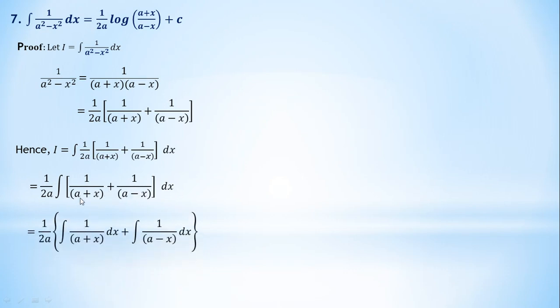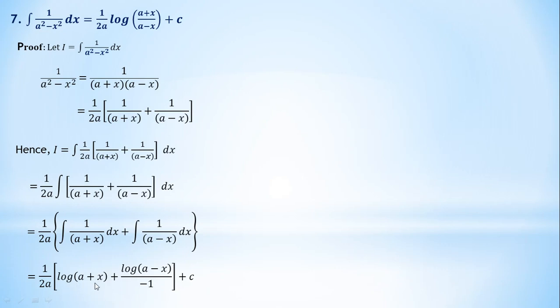Now separating the integration, we get 1 upon 2a into bracket integration of 1 upon a plus x dx plus integration of 1 upon a minus x dx. Now again here we have to use that rule, as we know that integration of 1 upon x is log x, like that here integration of 1 upon a plus x.